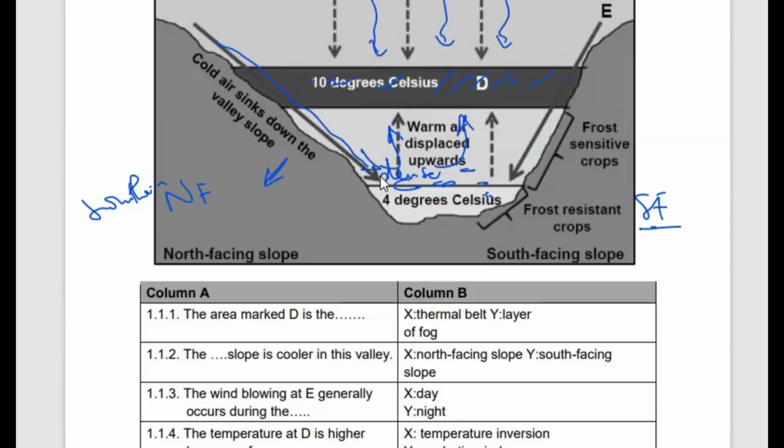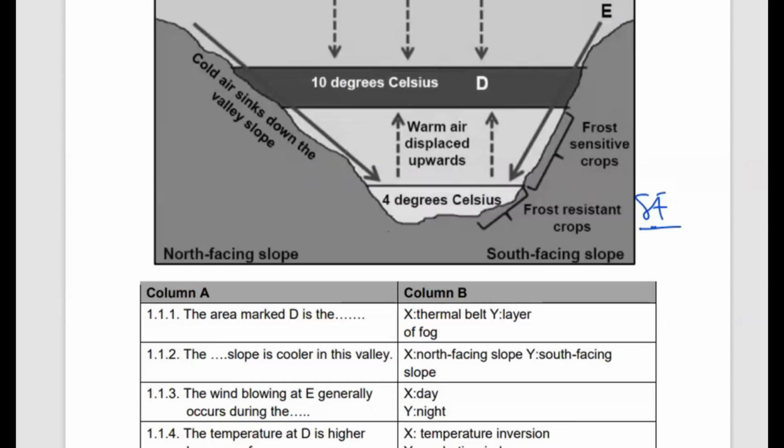There is cooler air sinking, which is trapping warmer air. Right, so let's go to the questions and try to analyze them and figure out the best possible responses given that situation of a valley climate in the southern hemisphere.